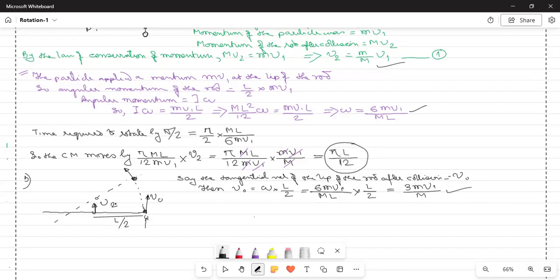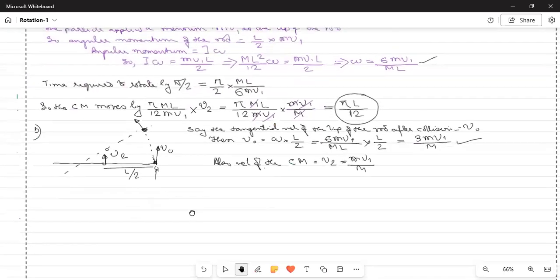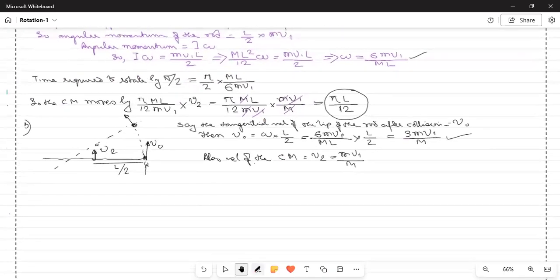Now, what is the total linear velocity of the tip? Let me write here. Also, velocity of the center of mass is equal to v2, which is equal to m v1 by capital M. So the tip has a total velocity of the summation of these two velocities.